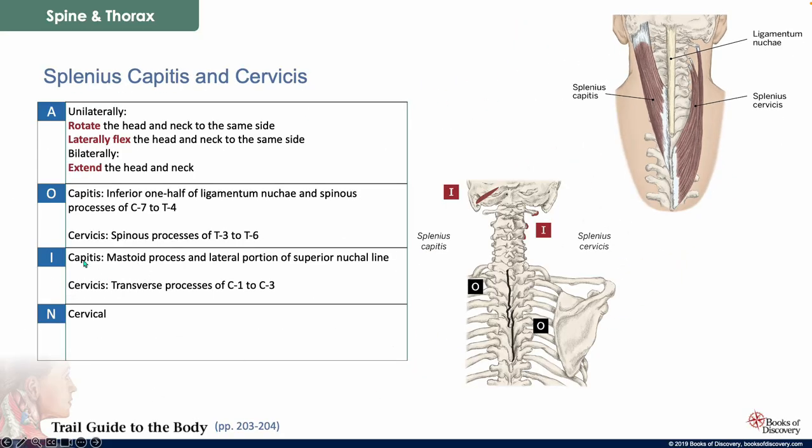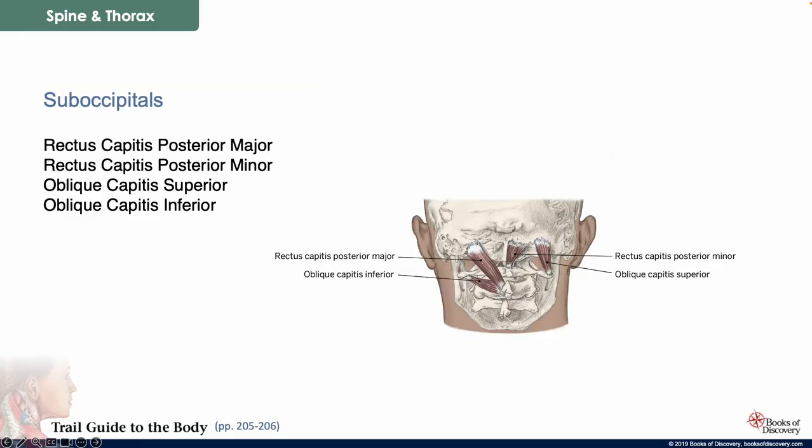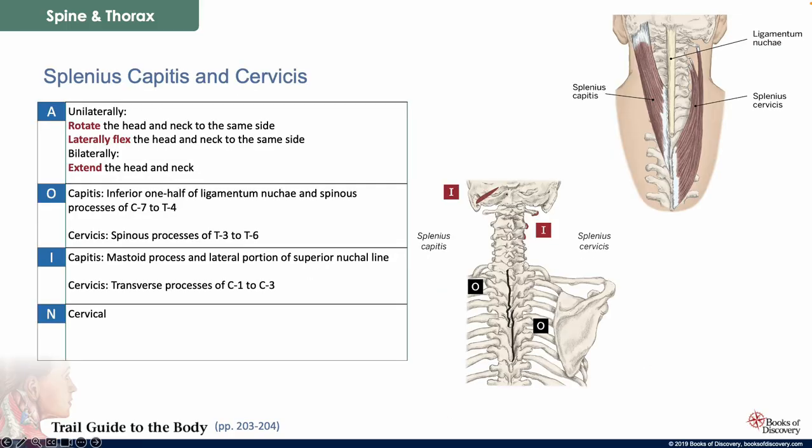The insertion for cervicis would be the transverse processes of C1 through 3. So this goes from thoracic, runs up, and then connects on the transverse, so the wings. Okie dokie, cool. I get this. Okay, got it all.